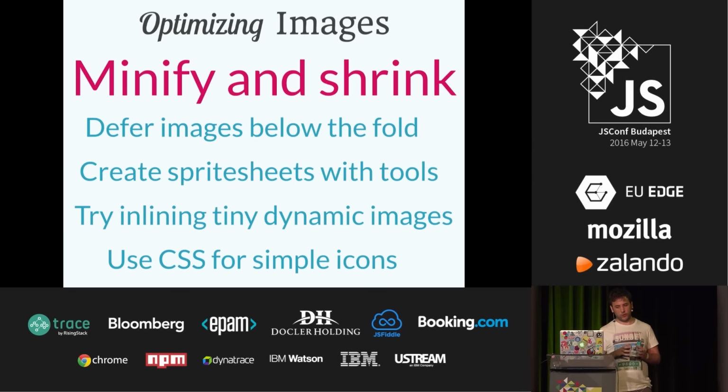So you should shrink them, and there are tools you can use to do that. You should defer images below the fold. Create spritesheets using tools, not just having your designer do that. Inline tiny dynamic images, maybe, like gravatars and so on. And you use CSS for simple icons like dots and whatnot.